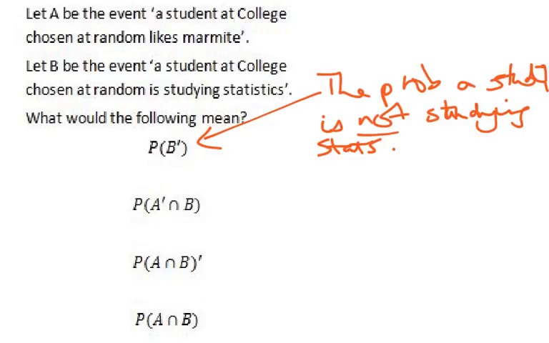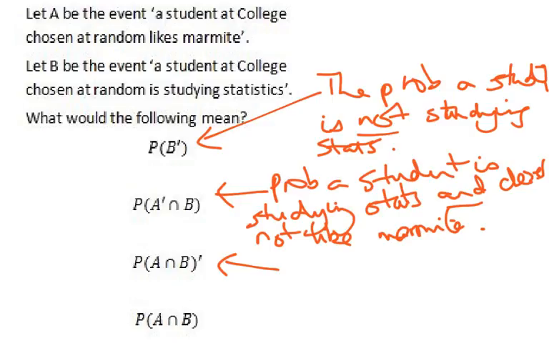The next one is the probability of A dashed intersection B. So in this scenario, it would be the probability that a student does not like Marmite and they study statistics. So it's any student studying statistics that does not like Marmite.